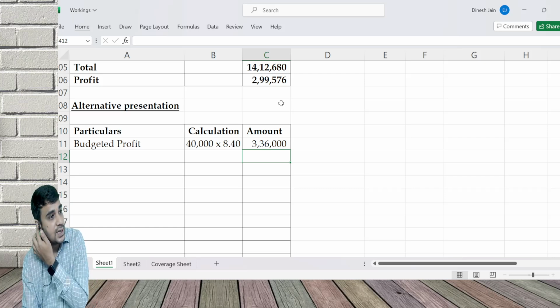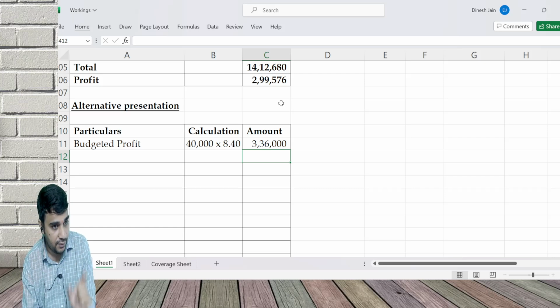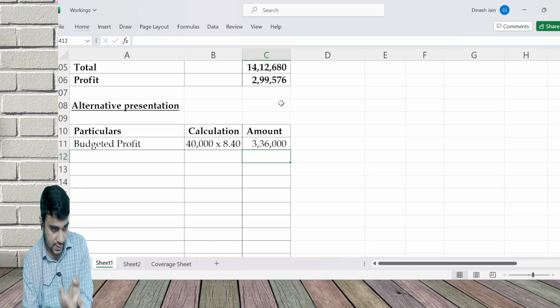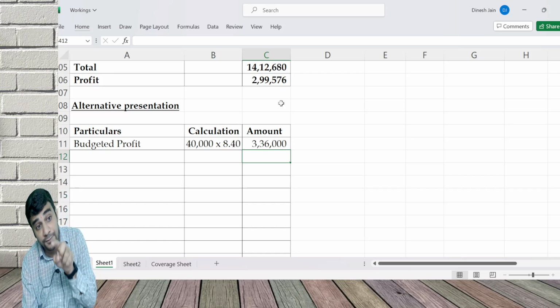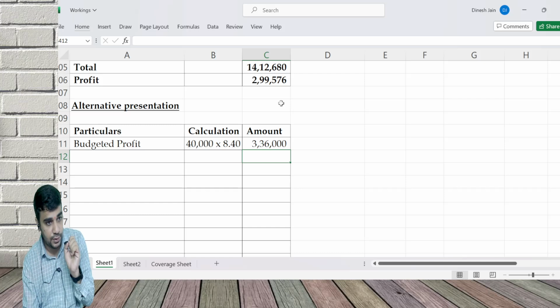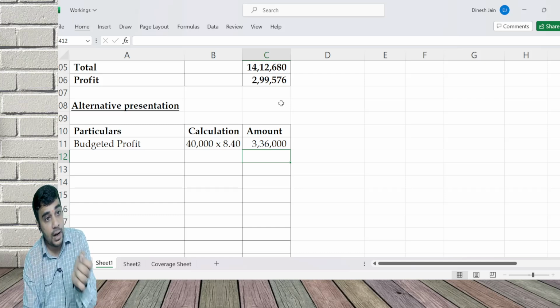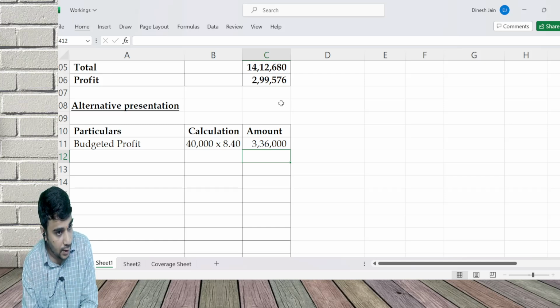In the last session, I had done one cost reconciliation where we wrote standard cost, added some variances, deducted some variances, and got the actual cost. Now we are doing profit reconciliation. When you do cost reconciliation, you added adverse variance because if you have an adverse variance, cost will go up. Now, if you have a favorable variance, profit will go up. And if you have an adverse variance, profit will go down.